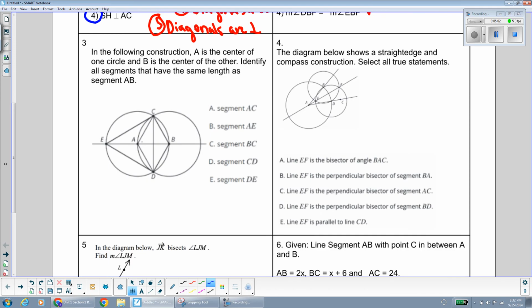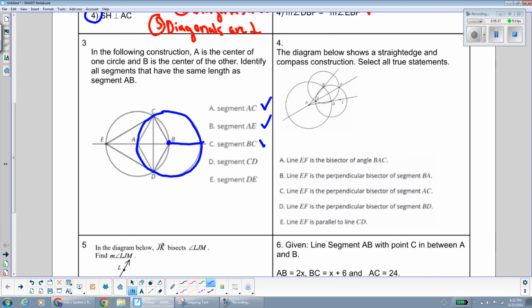So segment AC, from the center to a point on the circle, that is a radius of circle A. Segment AE, another radius of circle A from the center to a point on the circle. Now BC, that's from circle B. Here's the center.